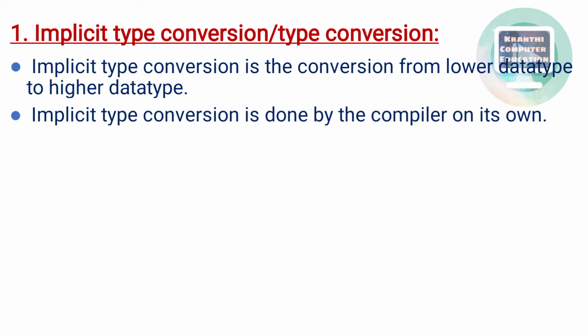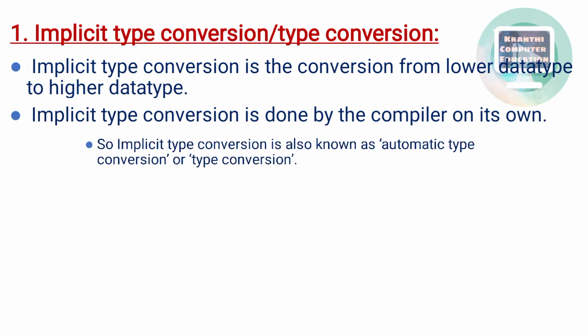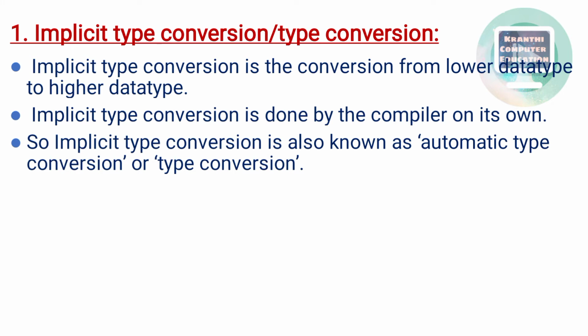Implicit type conversion is done by the compiler on its own. So there is no need for the programmer to do implicit type conversion, because it is automatically done by the compiler itself. So implicit type conversion is also known as automatic type conversion or type conversion.